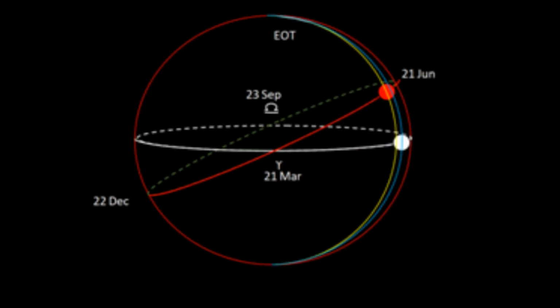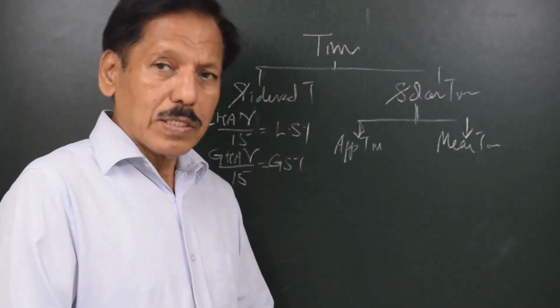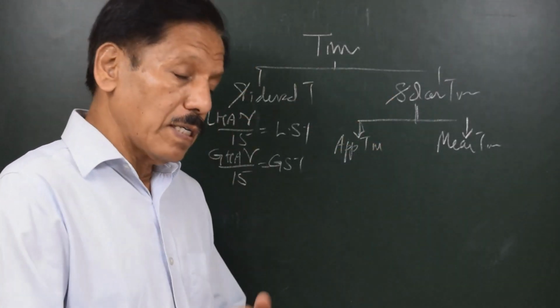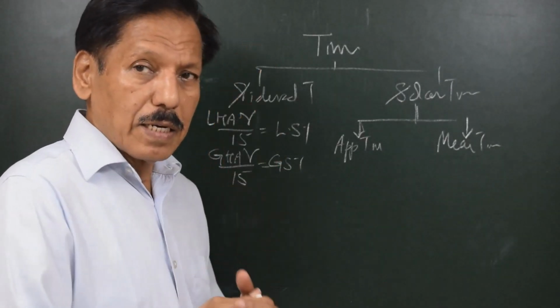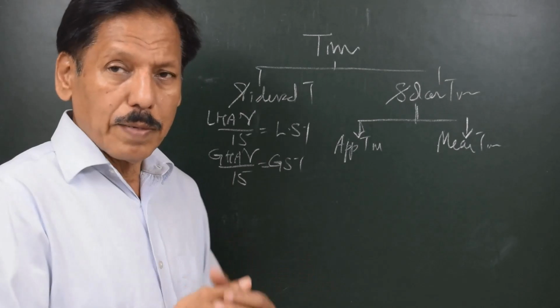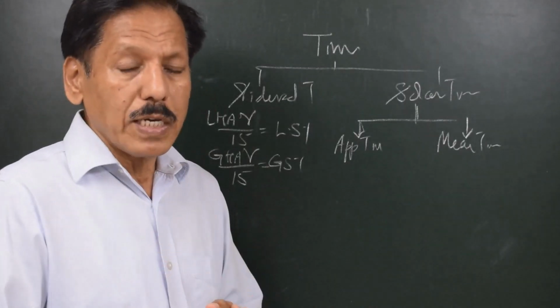So basically please remember, there are only two suns in the sky. One sun that we see, whether through binoculars or through shades, that is the real sun or true sun. And there's another sun which we do not see.